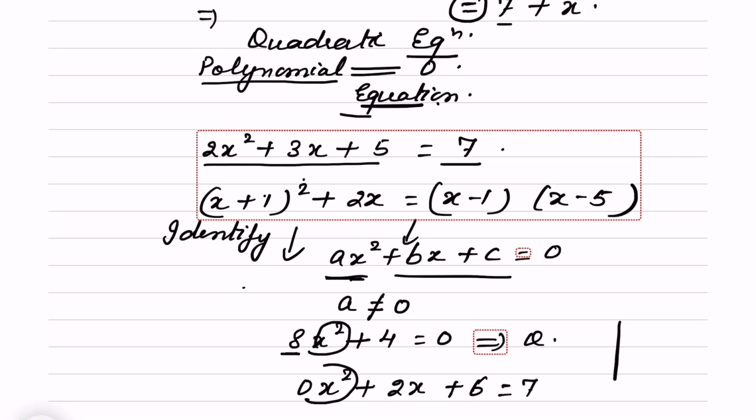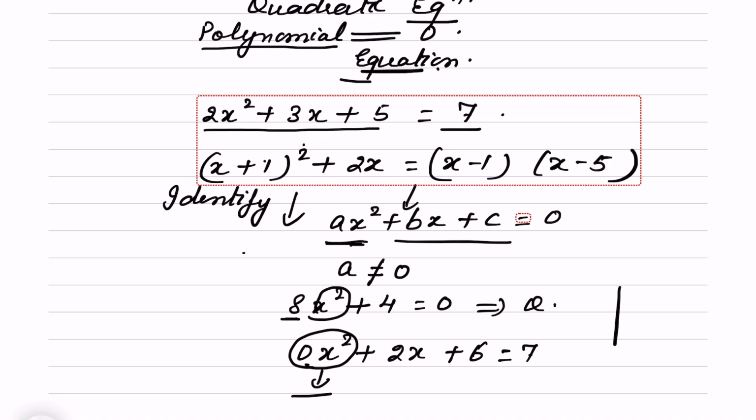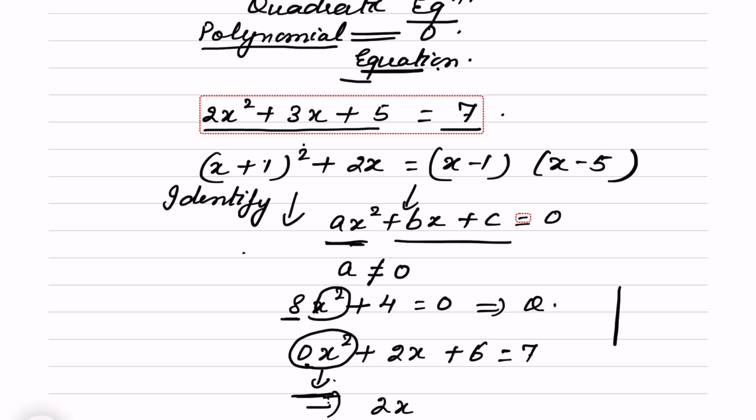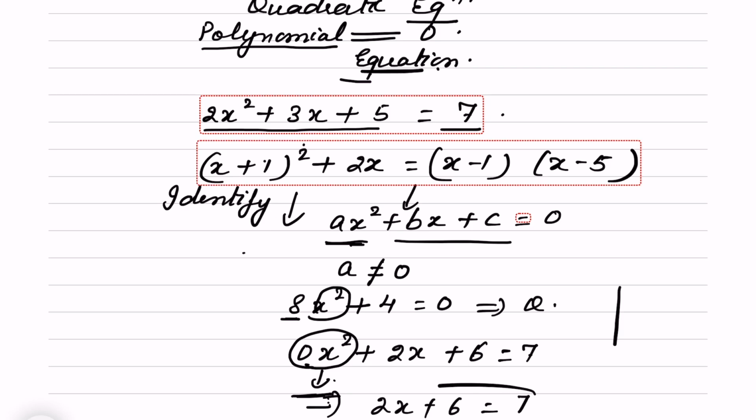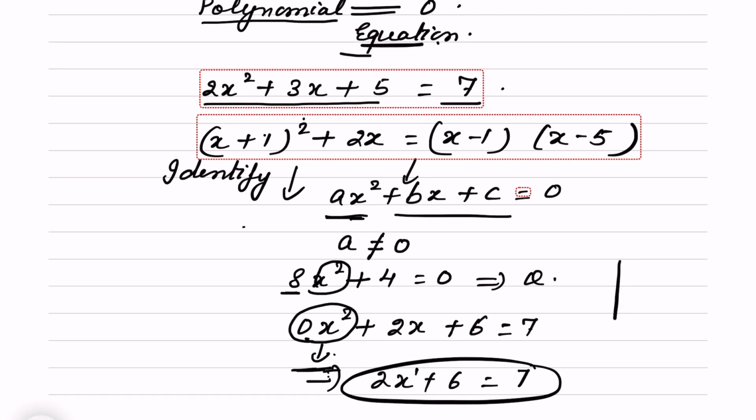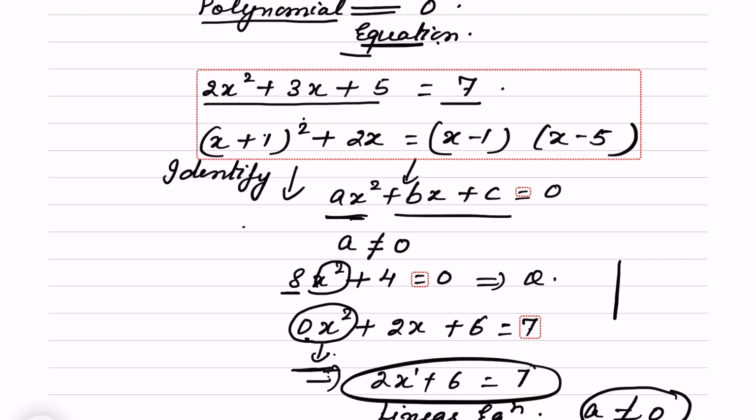Because if I write here 0x square, I am not getting any number with x square. So my equation is reduced to 2x plus 6 equals 7, and here the degree is 1. That is called a linear equation. So that's why we always say that a is not equal to 0.